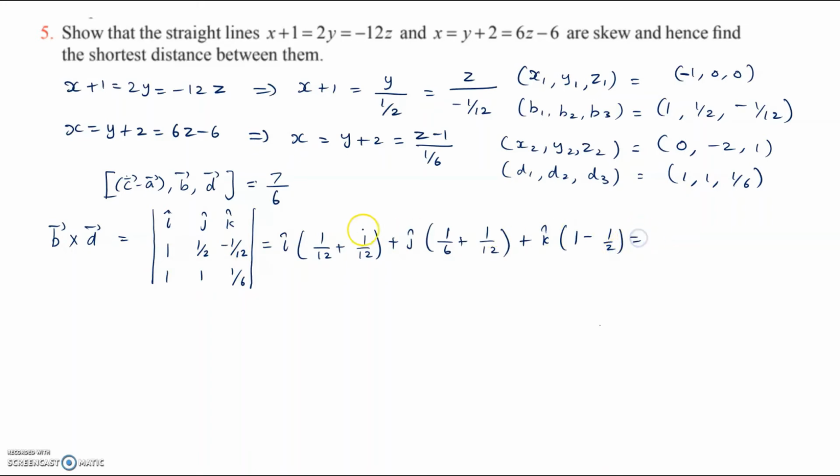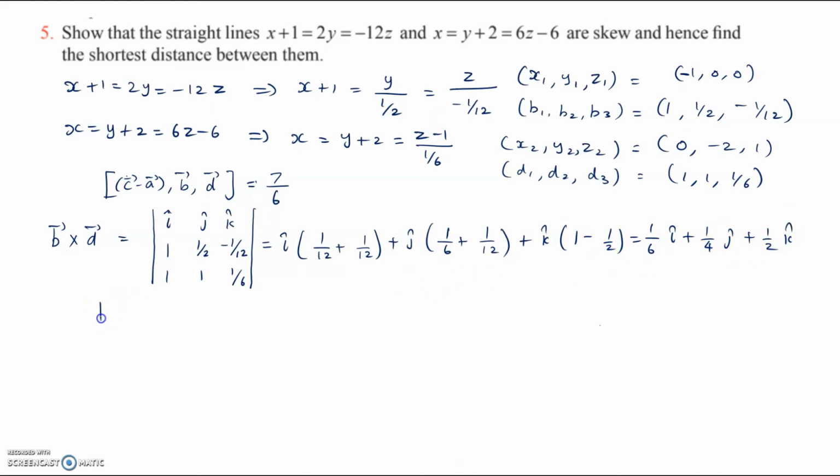So this is nothing but 2 by 12, which is 1 by 6 i cap. And the coefficient of j cap would be 3 by 12, which is 1 by 4. So plus 1 by 4 j cap plus half k cap.